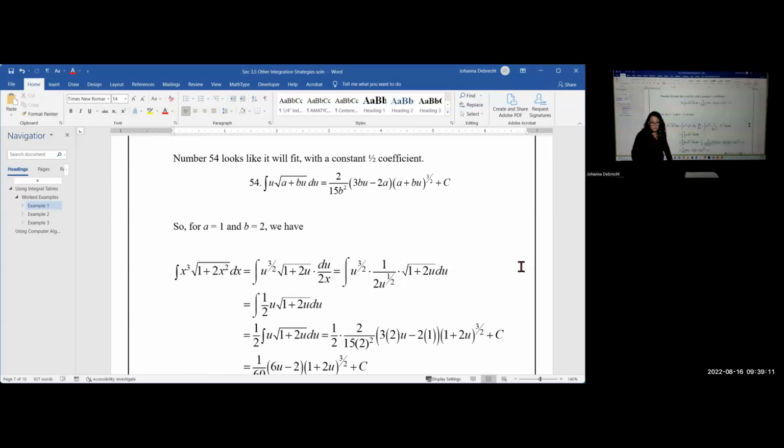We made a substitution that u was equal to x squared, a was equal to 1, and b was equal to 2. This also meant that x was equal to the square root of u, and we also had that dx was equal to du divided by 2x.